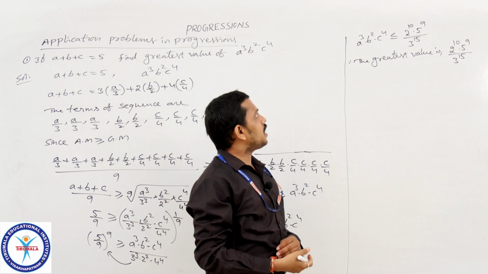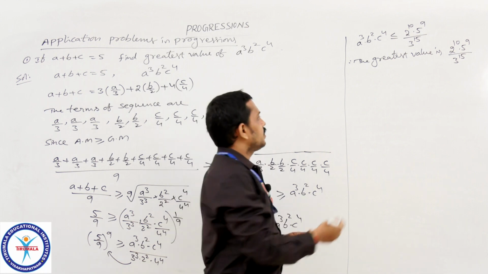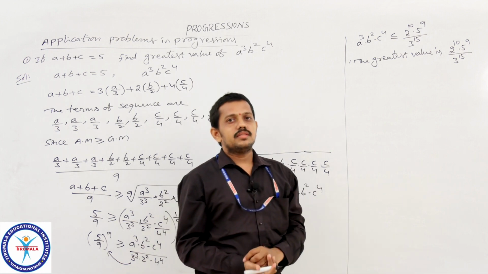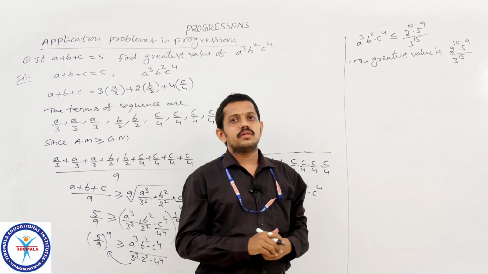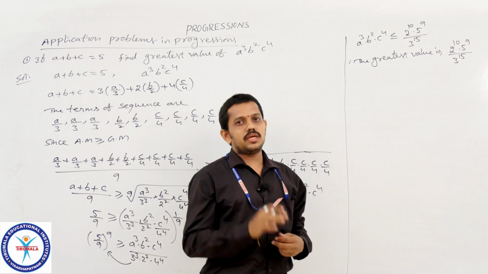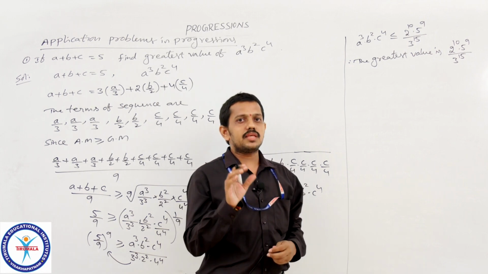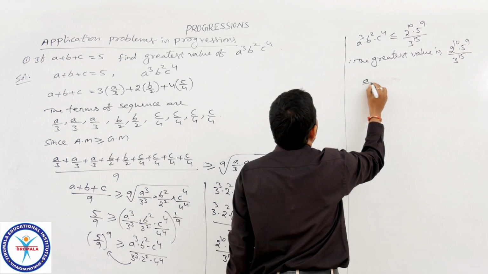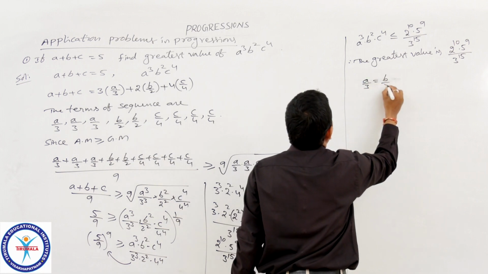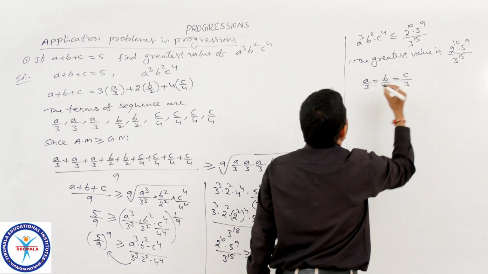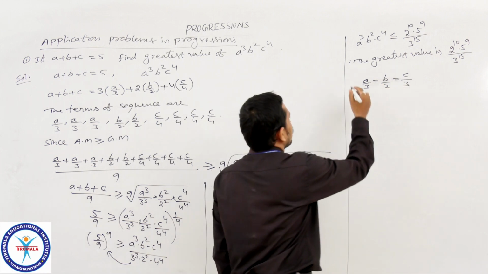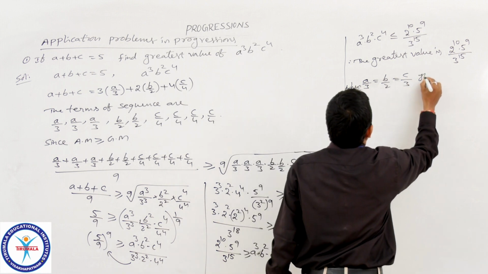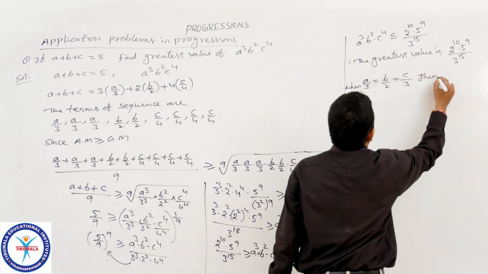This greatest value will be attained when, as we have discussed earlier, the equality holds when the terms are equal. If the terms are equal, then equality holds: a/3 is equal to b/2 is equal to c/4. Then equality holds.